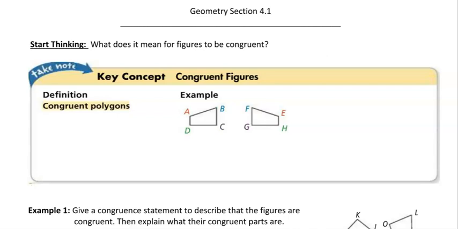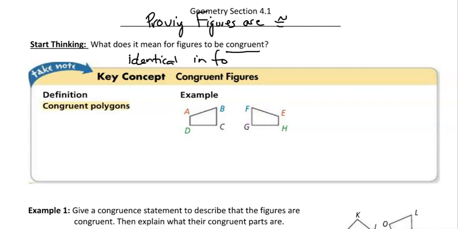So, 4.1 is just proving figures are congruent. The start thinking part says, what does it mean for figures to be congruent? If you were able to flip back in your notes, or if you remember the definition of congruent, you probably remember it is identical in form.